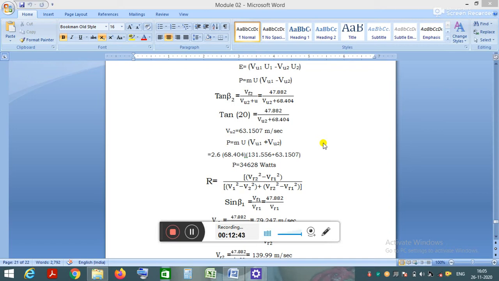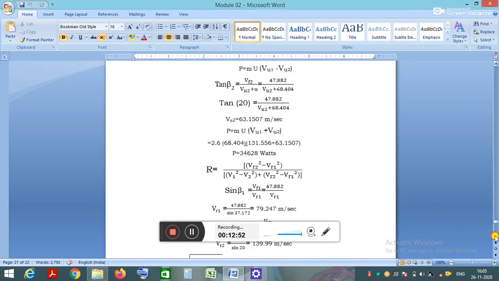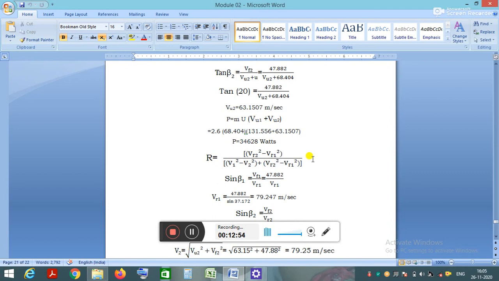Next he asked us to find the degree of reaction. For an axial flow turbine, the degree of reaction is given by R equals VR2 square minus VR1 square divided by V1 square minus V2 square plus VR2 square minus VR1 square. Here we need to find VR1 and VR2.